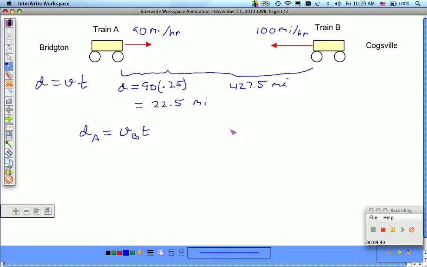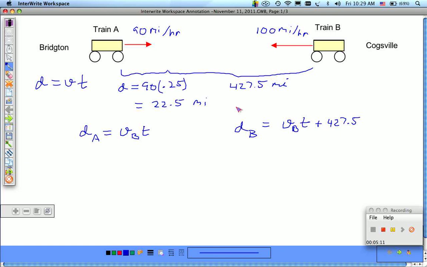For train B, the distance traveled is d sub B, and that's going to equal velocity of train B times time, and then since train B is technically 427.5 miles to the right of train A, we're going to add that distance of 427.5.